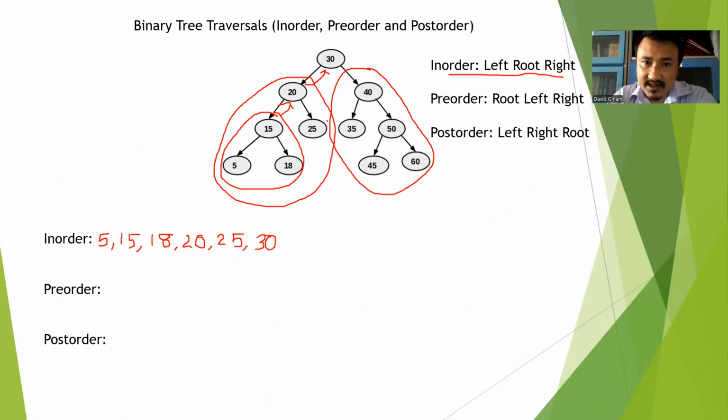The right subtree is this part, where 40 is the root node. Again we follow the same formula: left, root, and right. We go with the left, which is 35. It is a leaf node, so we can write 35 directly.